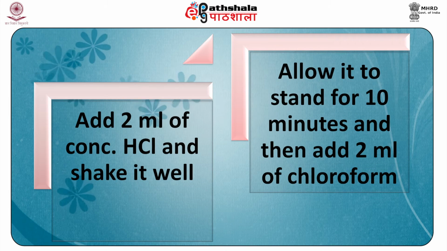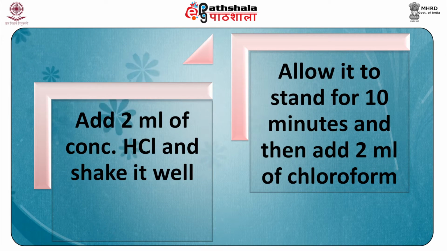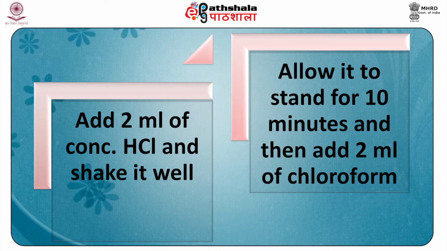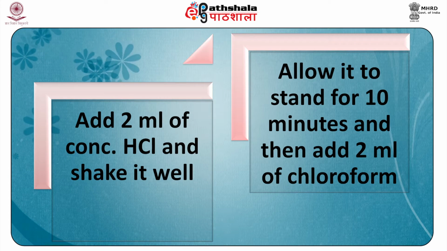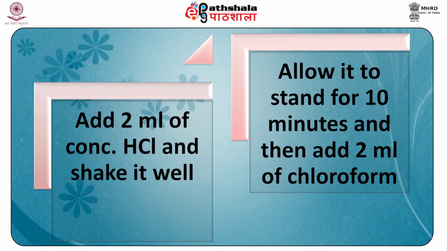Add 2 ml of concentrated hydrochloric acid and shake it well. Allow it to stand for 10 minutes and then add 2 ml of chloroform. Appearance of violet color in the chloroform layer, that is the lower layer, indicates the presence of cannabis.